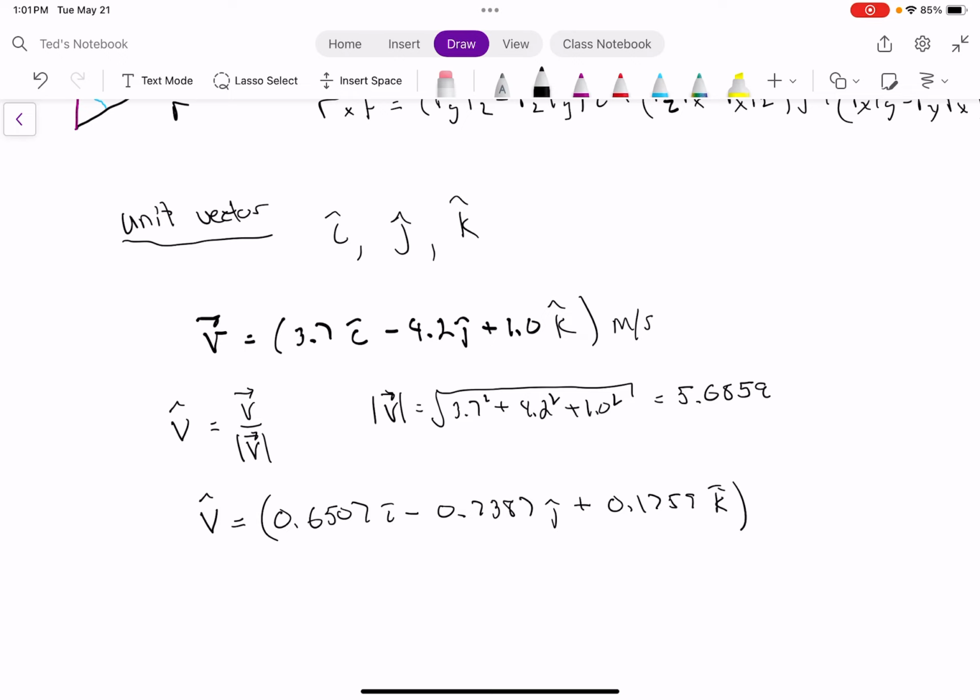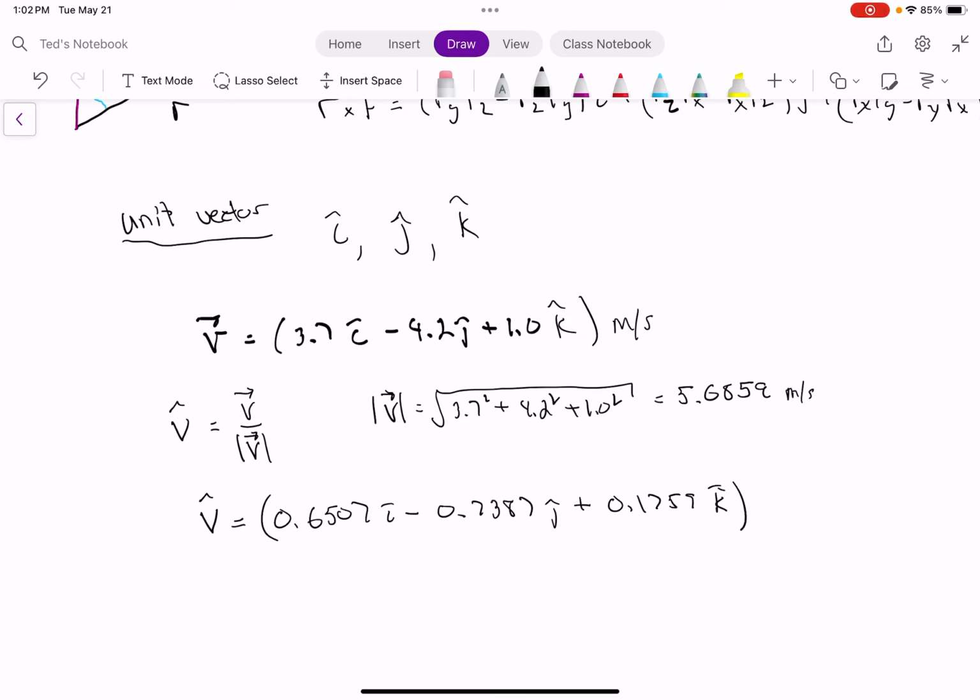Now this unit vector, because v had units of meters per second, when I divide v by the length of v, the units cancel. So my unit vector has no units, but it should have a length of 1.